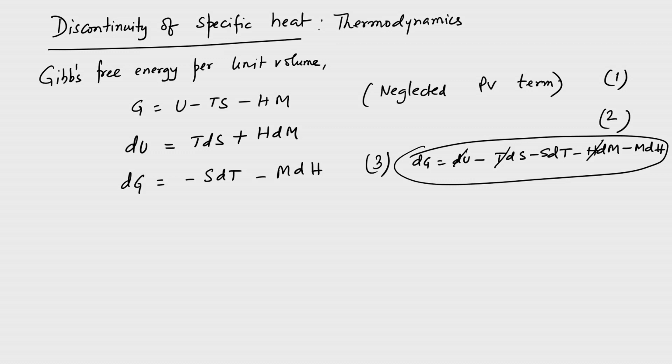Now, M equal to minus H for a perfect diamagnet, which is a superconductor.